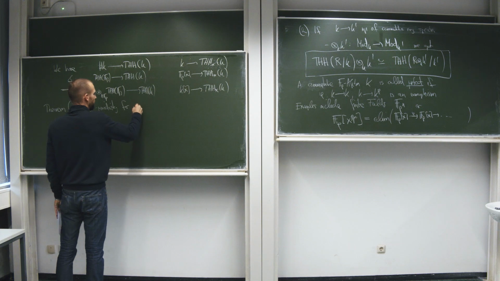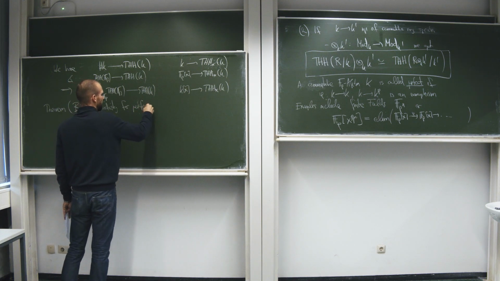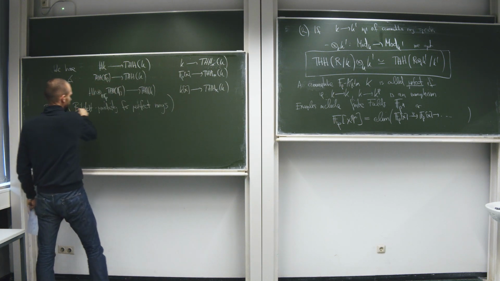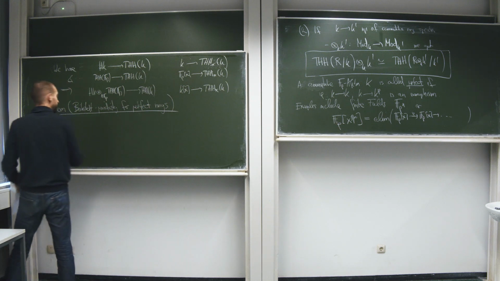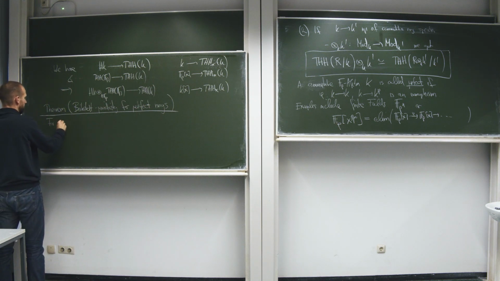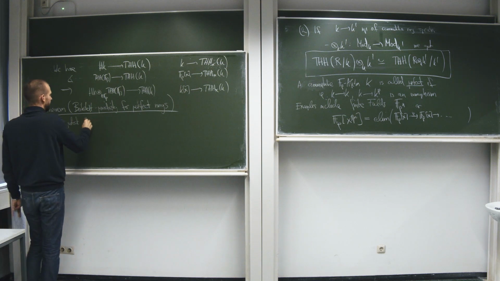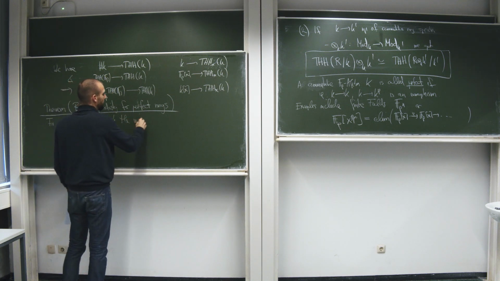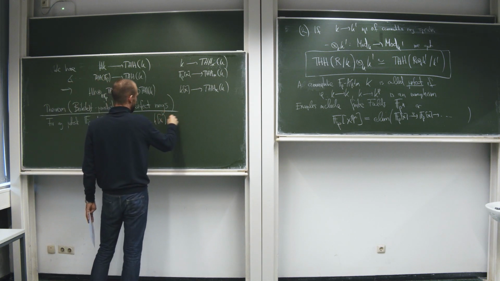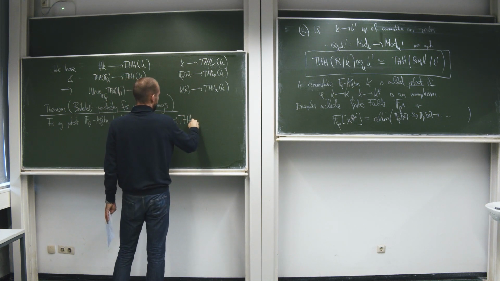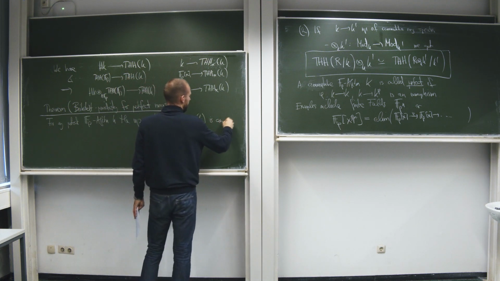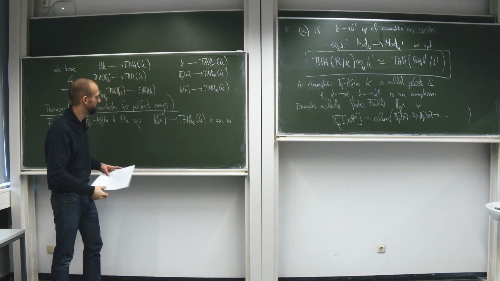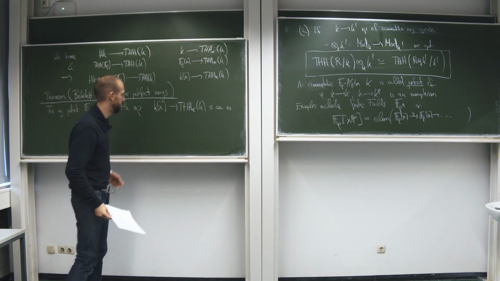Bökstedt periodicity for perfect rings states that for every perfect Fp algebra K, the map K adjoin x into THH star K is an isomorphism of commutative rings. So in other words, THH of a perfect Fp algebra is also just a polynomial ring on a degree 2 generator.